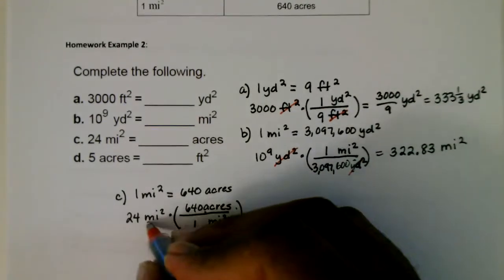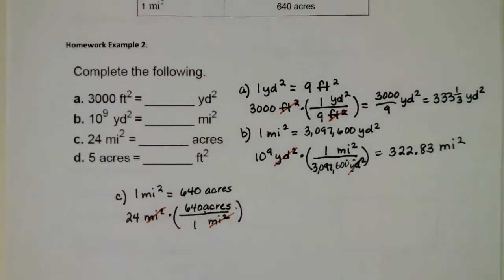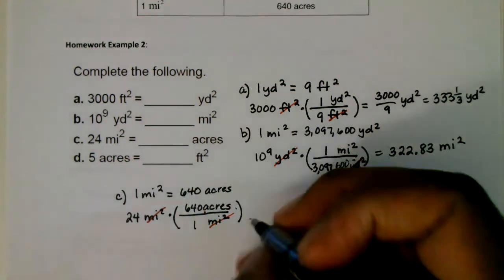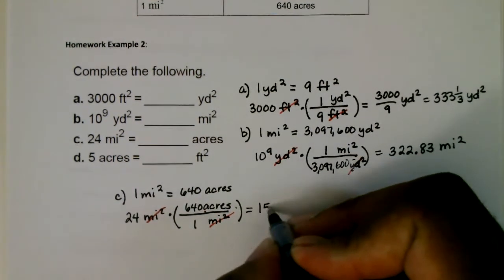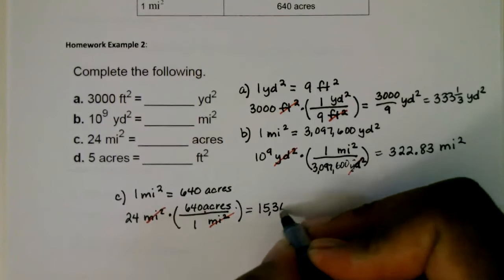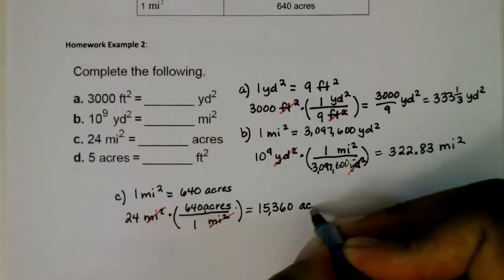So here the square miles divide out, and all I have is 24 times 640 acres. So if I do 24 times 640, I would get 15,360. Okay, so this will be 15,360 acres.